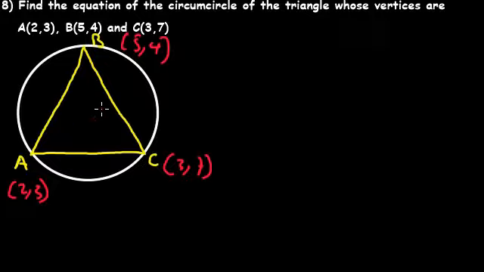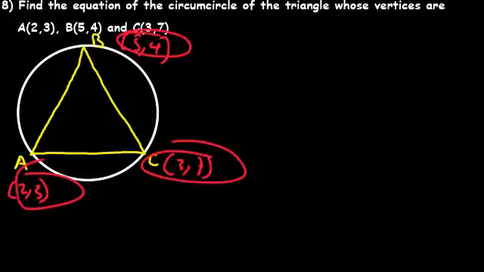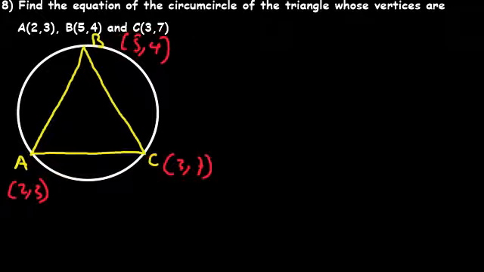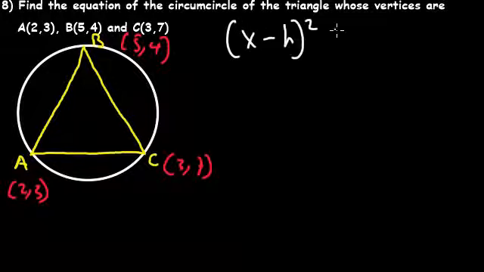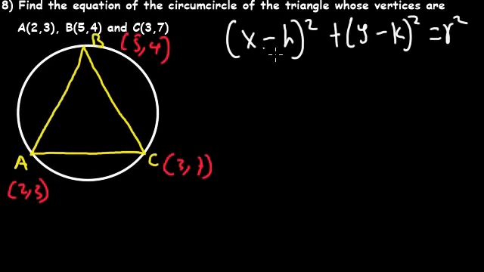Now the goal is to find the equation of this circle that the triangle is inscribed in. As you can clearly see, the circle passes through these points because they touch it. So we can use the standard form of the equation of the circle: (x minus h) all squared plus (y minus k) all squared equals r squared. The coordinates of the center are not given, neither is the radius.